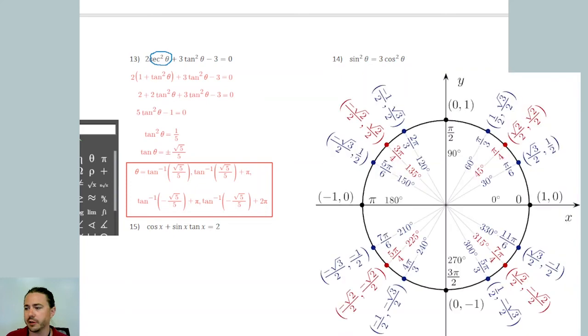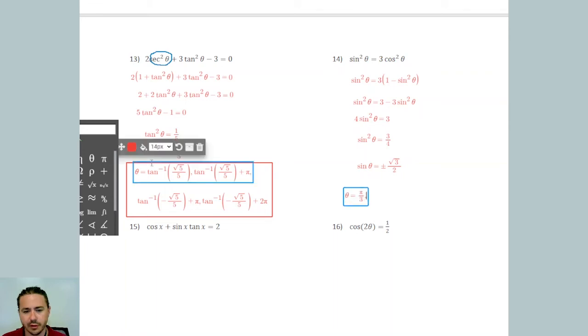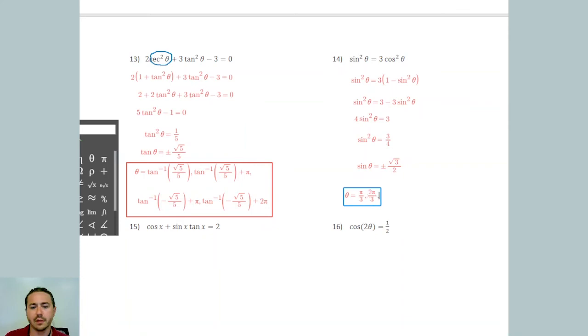So let's bring up that unit circle. And we can see that that's going to happen at pi over 3, 2 pi over 3, 4 pi over 3, and 5 pi over 3. So all 4 of those pi over 3s.